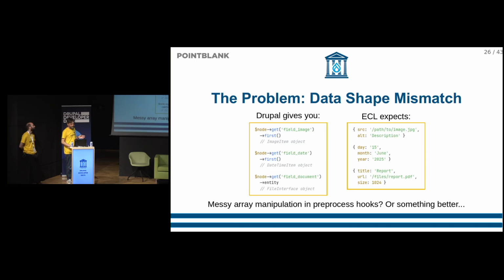On the left, we see what Drupal gives you: image item, datetime item, file interface objects. You could do all this transformation inline in the preprocess hooks, but it gets messy fast. How many of you have preprocess hooks over 100 lines of array manipulation? We have all been there. Yeah, value objects are the way out.